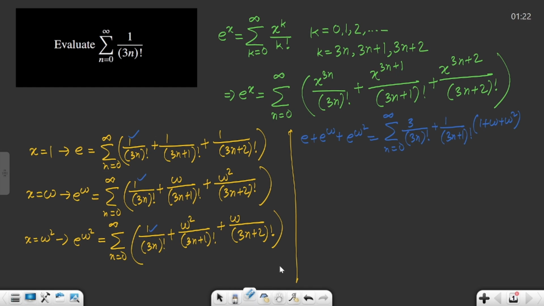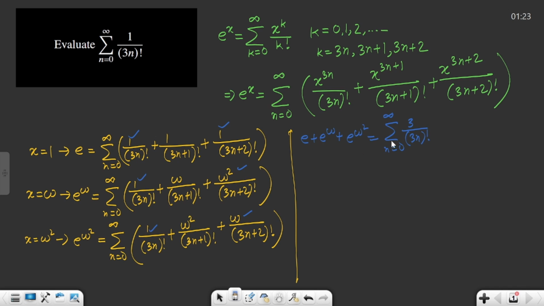So this term will simply be cancelled out. Clear? Same like that for these 3 terms, if we take 1 by 3n plus 2 whole factorial common, we will get again 1 plus omega square, which is also equal to 0. So that term will also be cancelled out and we will get only this.